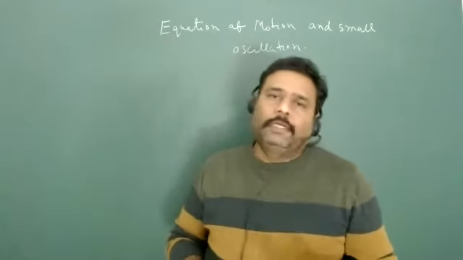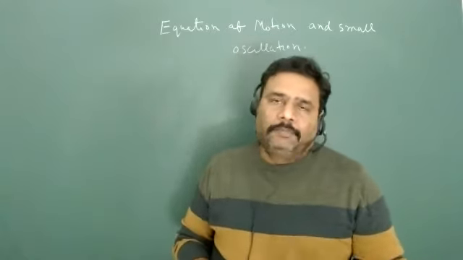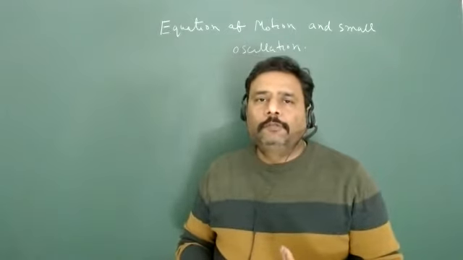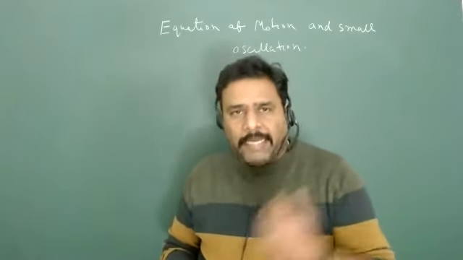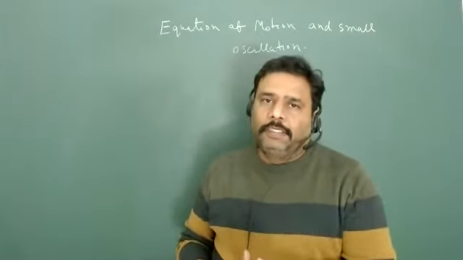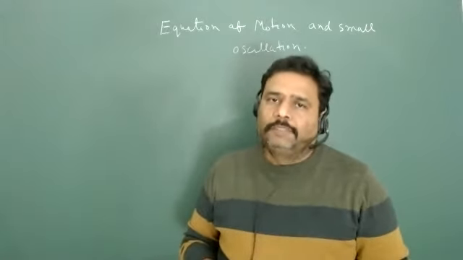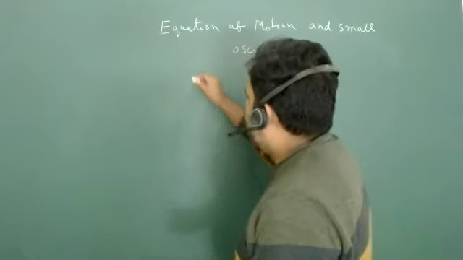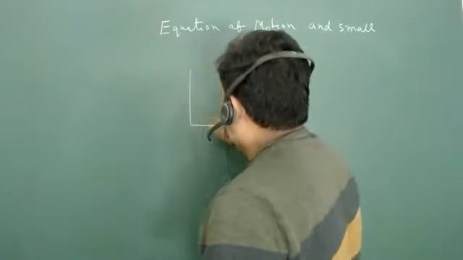Obviously, if I am talking about a harmonic oscillator, I am talking about a force which is proportional to x, and the force must be restoring. That means the minus sign must be there. So suppose I have one particular potential.